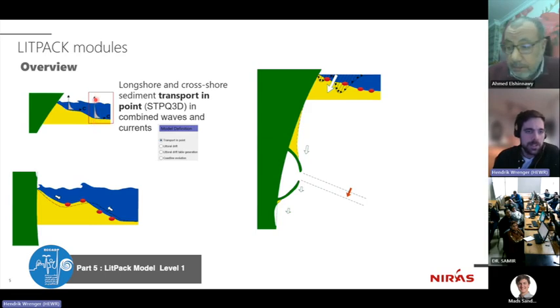As it's indicated here, this is a vertical model in one point using non-linear wave theory to model the flow field, and then applying models to model the suspension of sediment depending on the forces at the sea floor, and then the transport of bed material and suspended material.